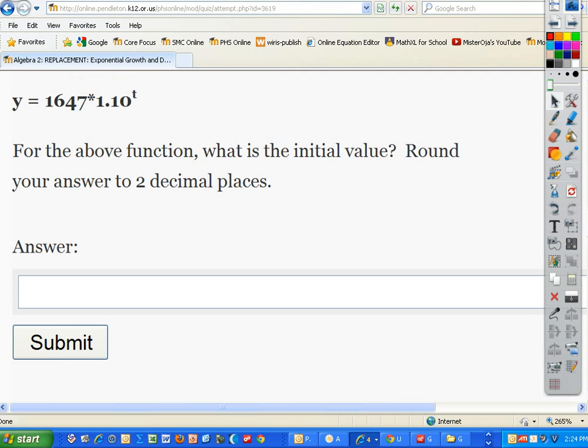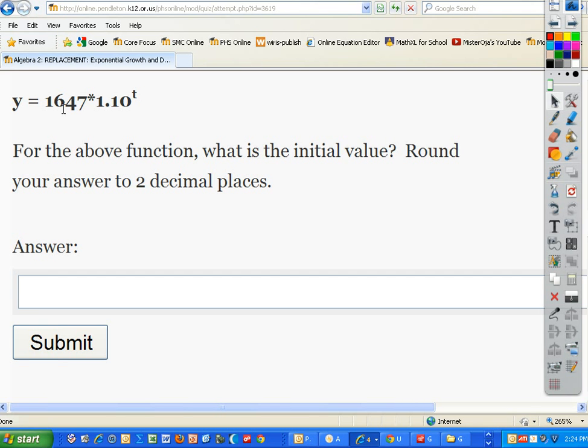Let's take one like this now. For the above function, first of all, what's the initial value? I guess we've got to go through those. 1,647. Yeah, right? The initial value is just the number out in front that's being multiplied by the base to the power. Okay, that's the initial value. So when you do this, do you take 1,647 times 1.10 and then power it?